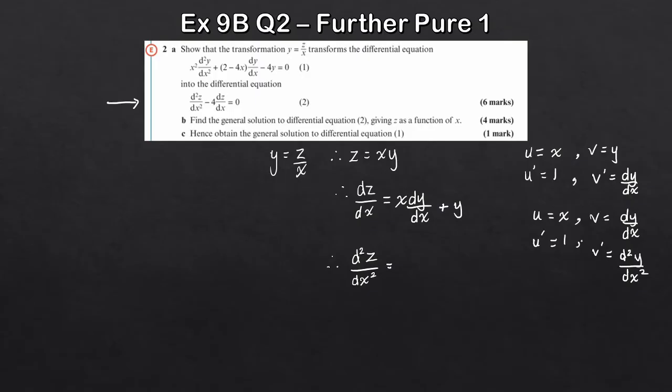So at this stage now, just apply product rule again. So this is going to be x lots of this plus 1 times the derivative here. So just the derivative. And then just be very, very careful. Don't forget your plus y here. So if you differentiate this y here, again, we'll get dy by dx.